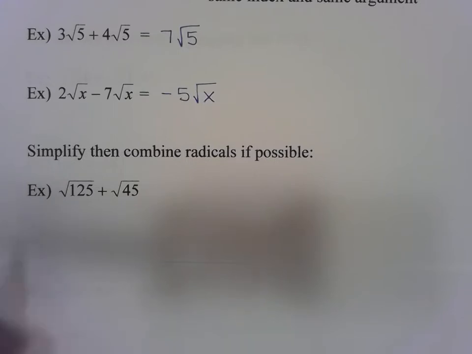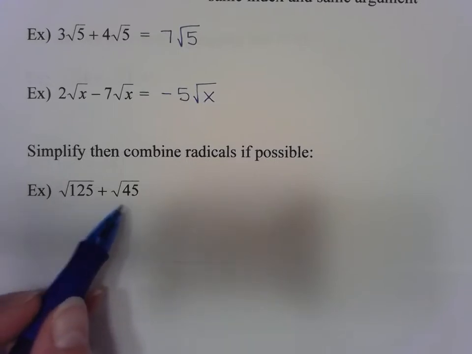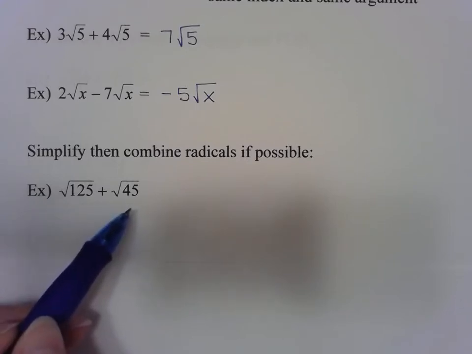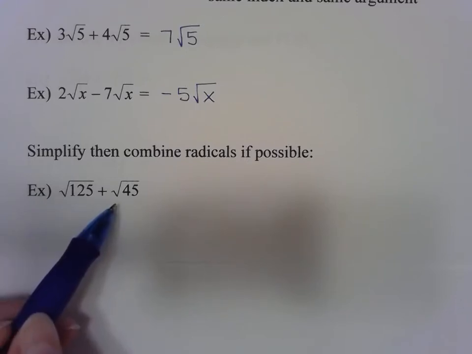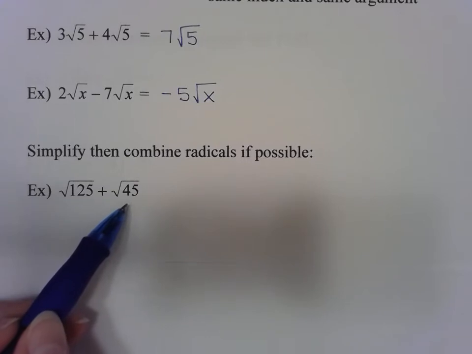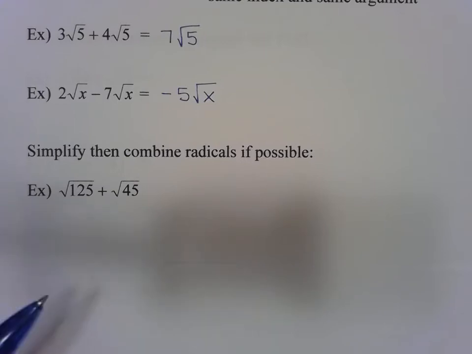If I have the square root of 125 plus the square root of 45, I cannot combine these the way they are right now. They are both square roots, but they don't have the same argument. And so I need to try and bring some things to the outside using the lesson we just learned about simplifying radicals, so maybe they're alike and then I can combine them.